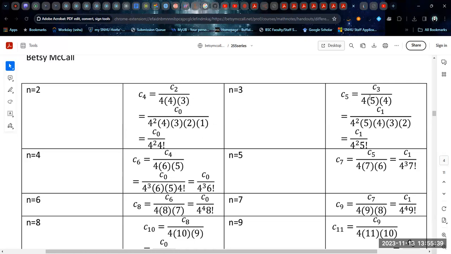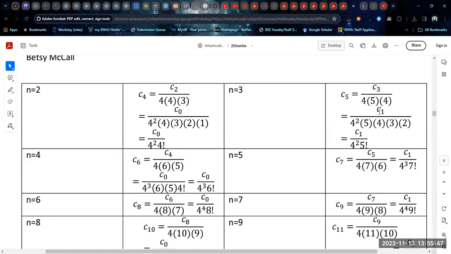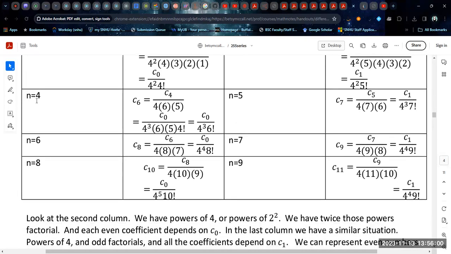Same thing for n equals 3. We're going to calculate C5 from this. We start with C3, generate the formula, and then replace C3 with the expression for C3 based on C1, and then do some arithmetic. And we would continue in this fashion for n equals 4, n equals 5, and so on, long enough to create a pattern.